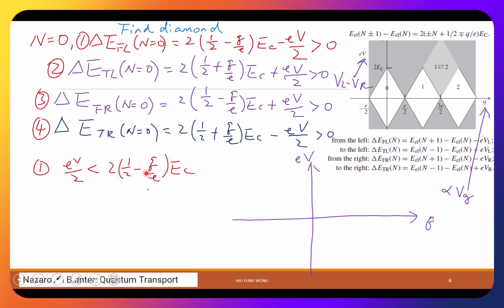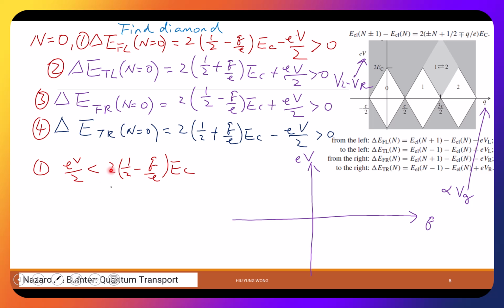What is the slope of this? The slope will be 2 times Q over E times EC. Oh sorry, you're right, and I also want to put this 2 here.